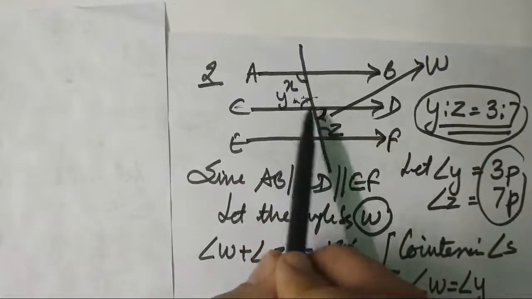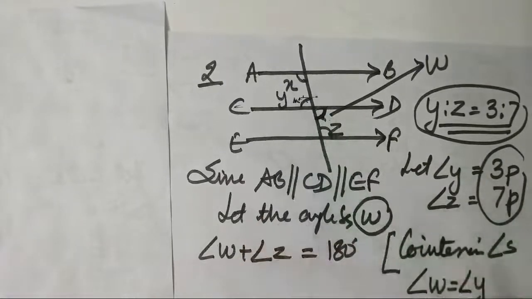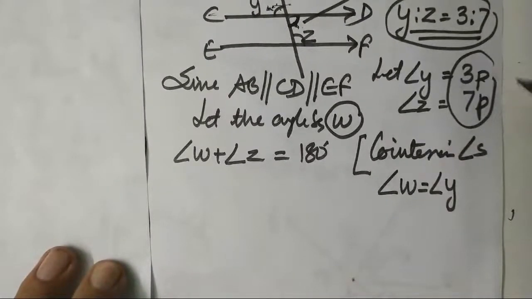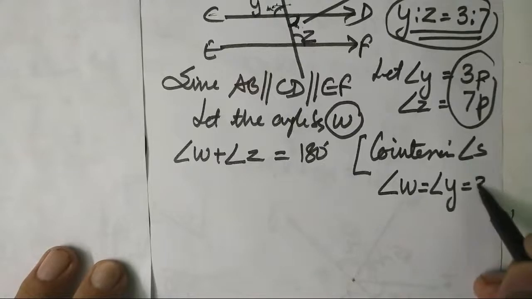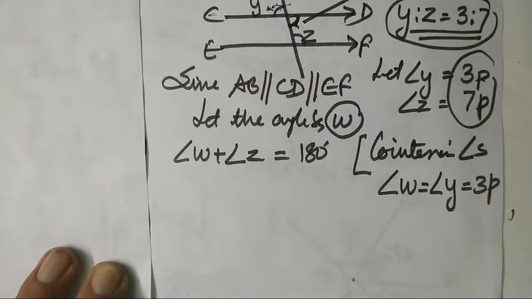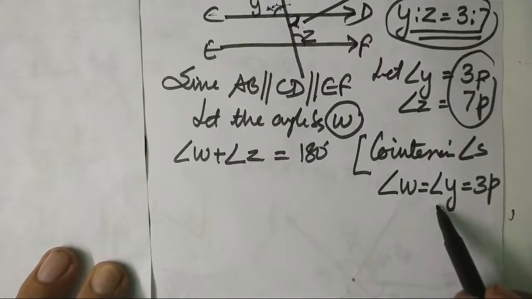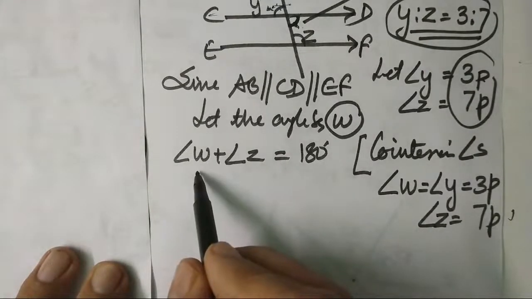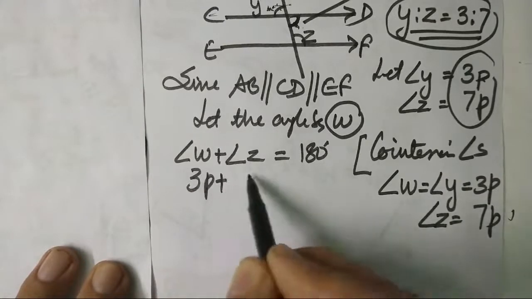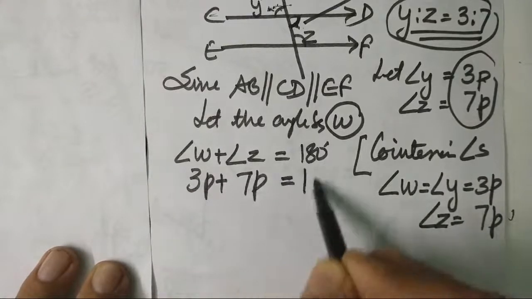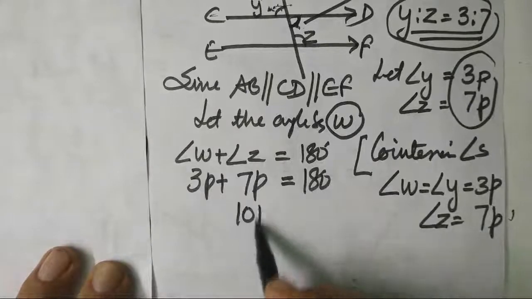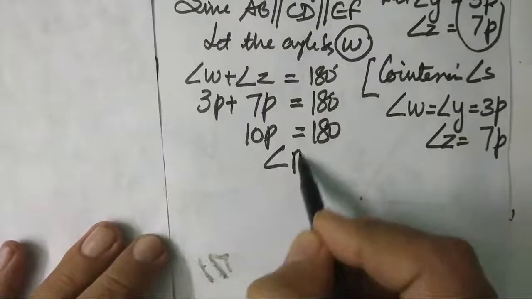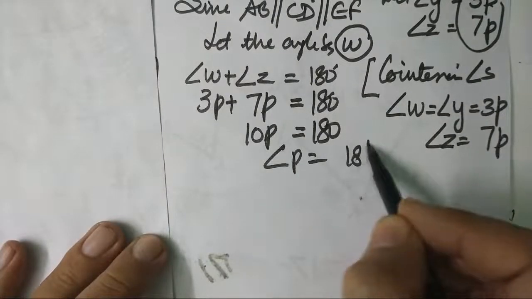Y and this angle will be vertically opposite, so they will be both same. And angle Y was already 3p, so both will become 3p. And angle Z is already written 7p. So I will write W as 3p plus 7p is equal to 180. 10p is equal to 180 and P is equal to 18 degrees.